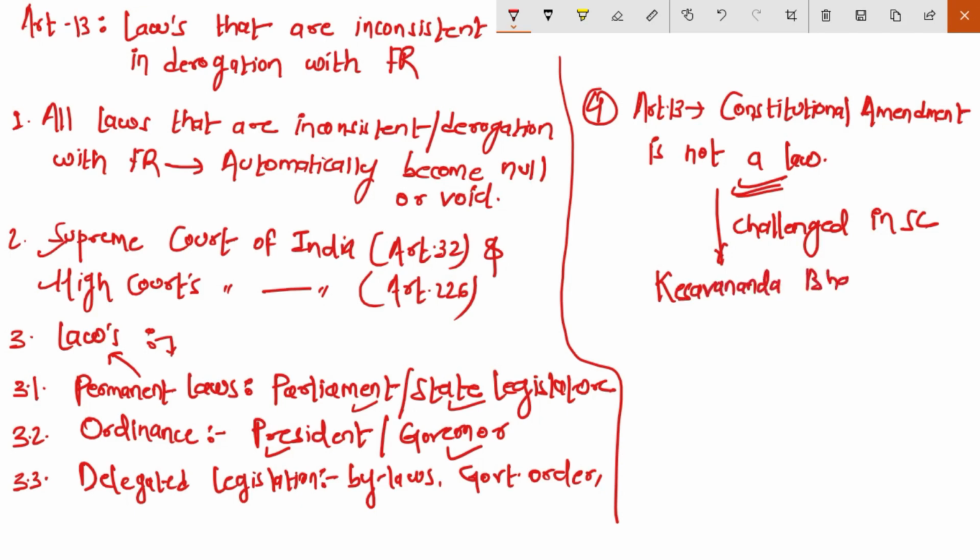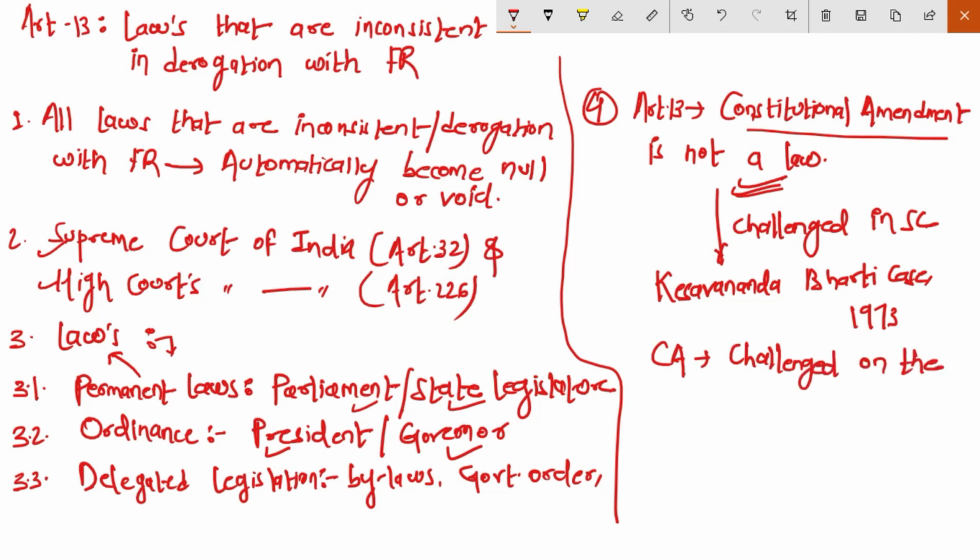You might have heard about the Keshavananda Bharati case in 1973, where the Supreme Court says that a constitutional amendment can be challenged. These amendments which are done by the parliament can be challenged on the grounds that they violate the fundamental rights.